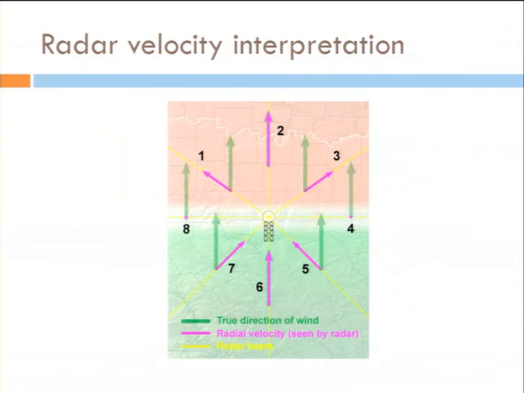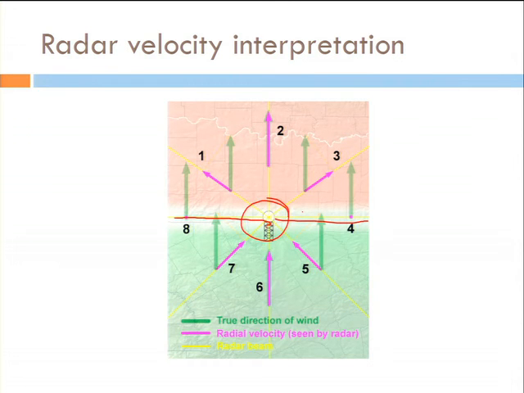Okay, so same idea. Here's our radar. Again, the cool colors are winds that are blowing towards the radar. Warm colors, winds that are blowing away from the radar. And the grayish is the zero line. You just draw lines from your radar along the zero line.